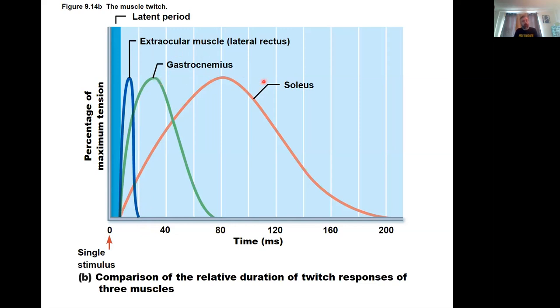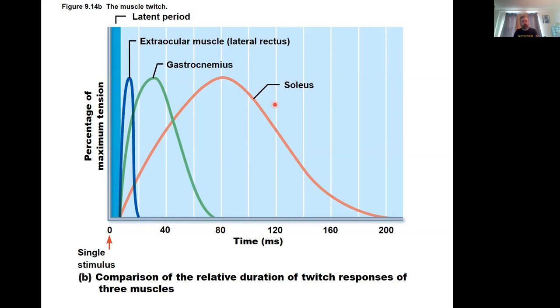Okay, now gastrocnemius is a big muscle. It's responsible for jumping and running and high intensity activities. Okay, but it's not the only muscle on the back of your calf. We also have a series of other muscles, things like soleus, that are not responsible for jumping and running and stuff like that.